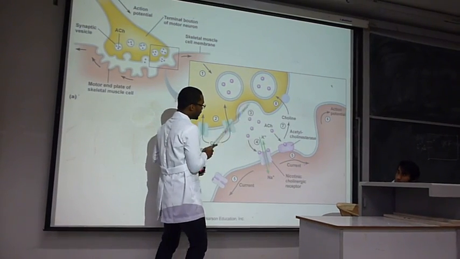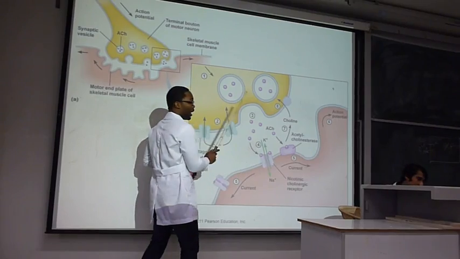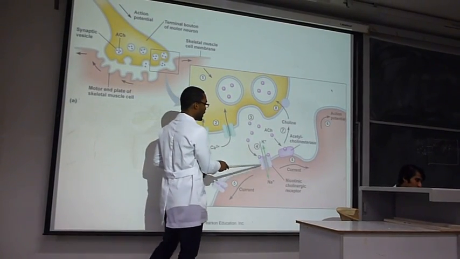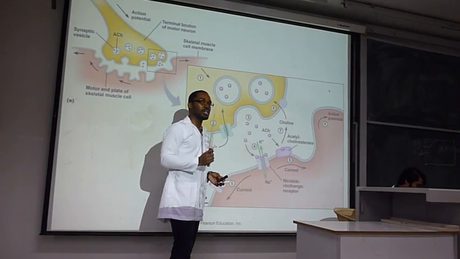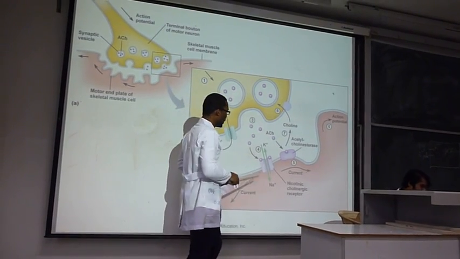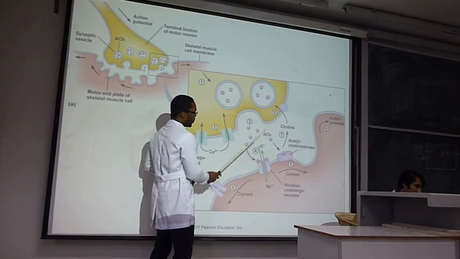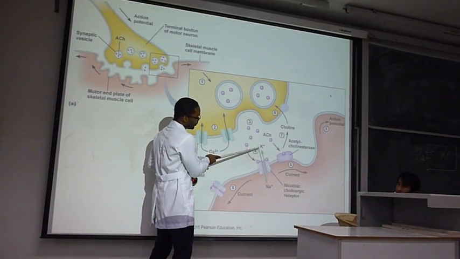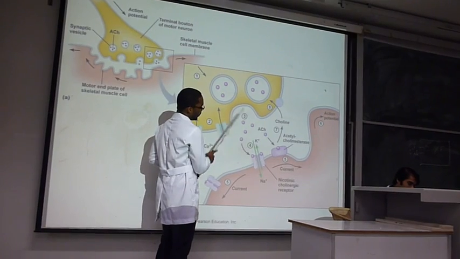Now, when the acetylcholine is released into the synaptic cleft, it goes and activates this receptor. I told you earlier, this receptor is a ligand-gated receptor. That means it is activated by a chemical. When these receptors are activated, they open. There's an influx of sodium, and potassium goes out.